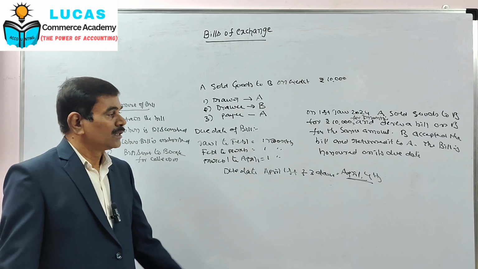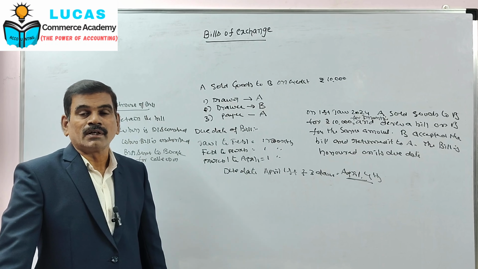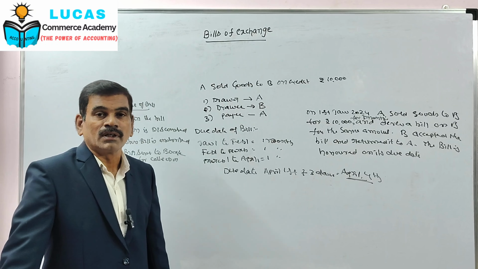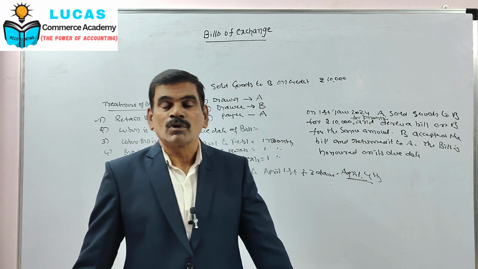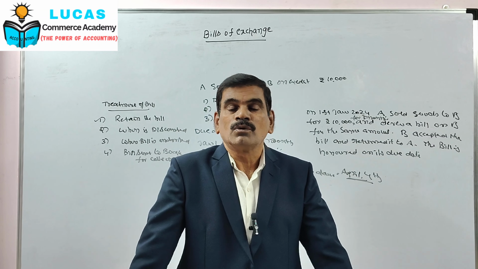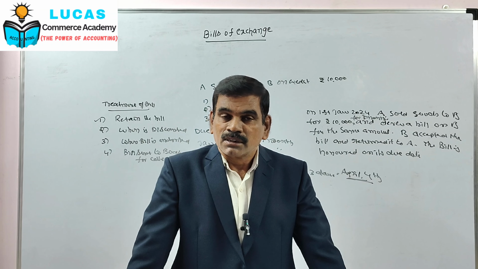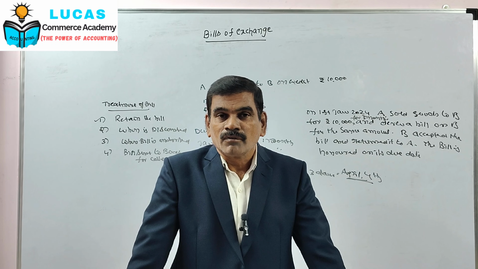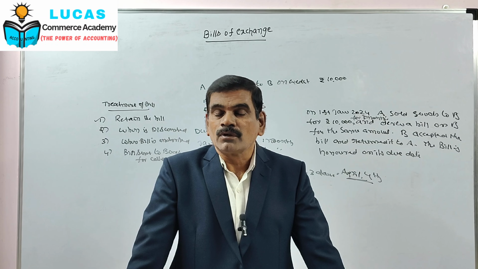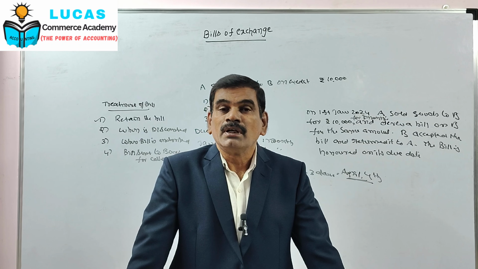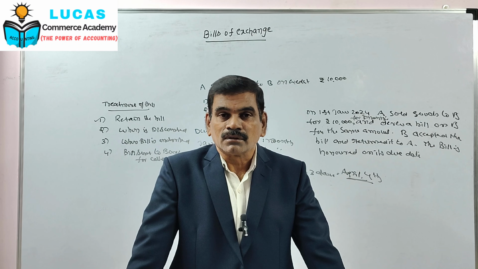In the first case, we have passed journal entries in the books of drawer and drawee. In the books of drawer: goods sold to drawee, bills receivable received from drawee, bill is honored. Similarly, in the books of drawee: when goods purchased, when bill is accepted, when bill is honored.